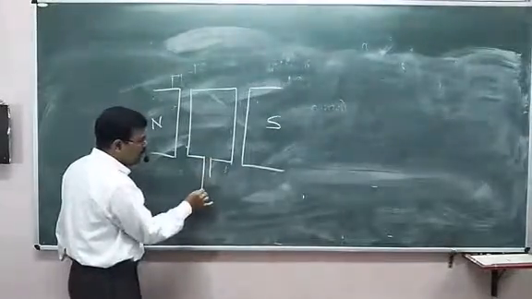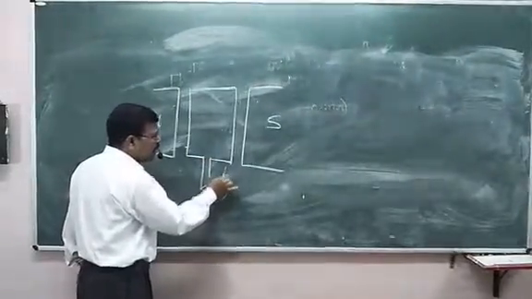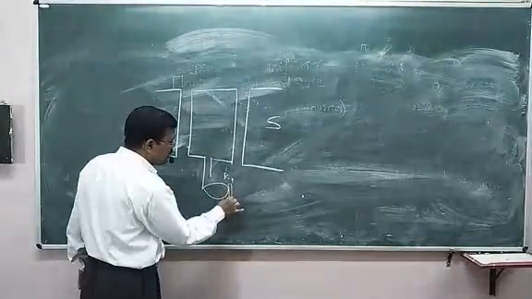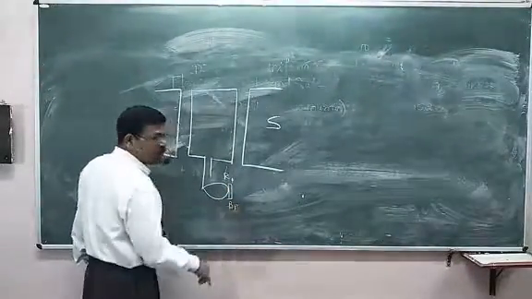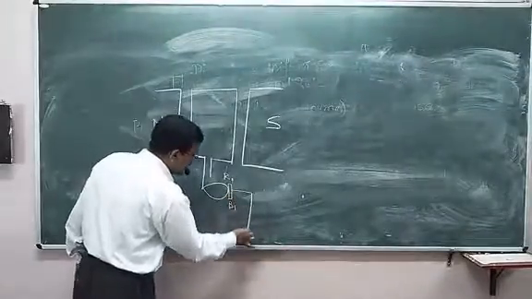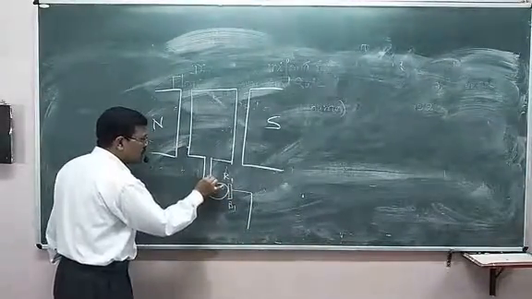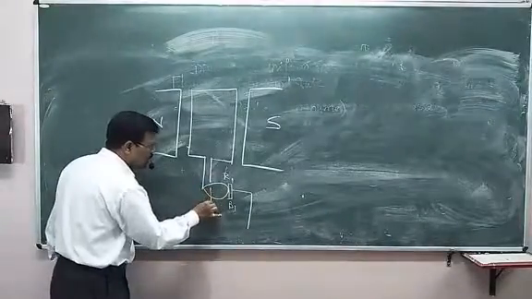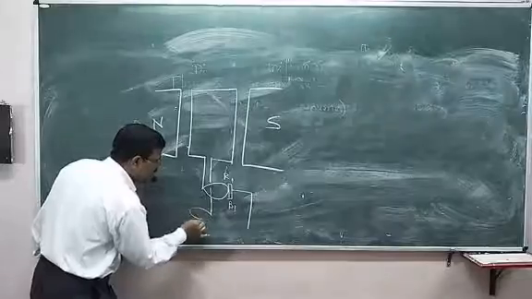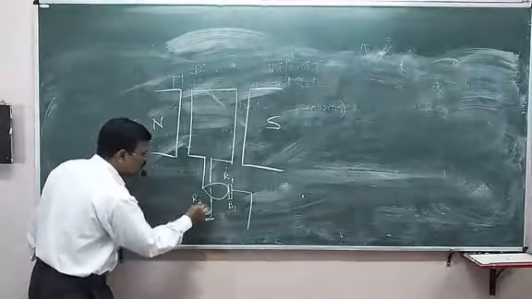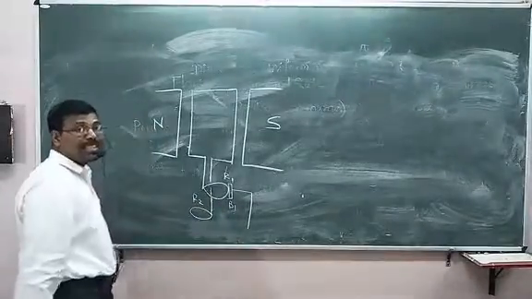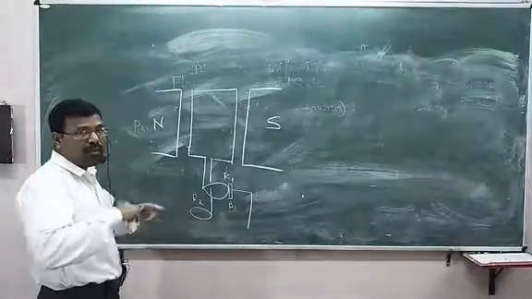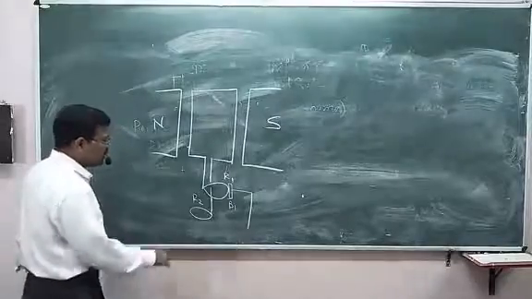One end of this coil is connected to a slip ring R1. The slip ring has electric contact with the carbon brush P1, and this brush is connected to the load resistor. The other arm, without touching the ring, is taken and connected to another ring, R2. R1 and R2 are two slip rings used to change the direction of current after completing every half rotation.